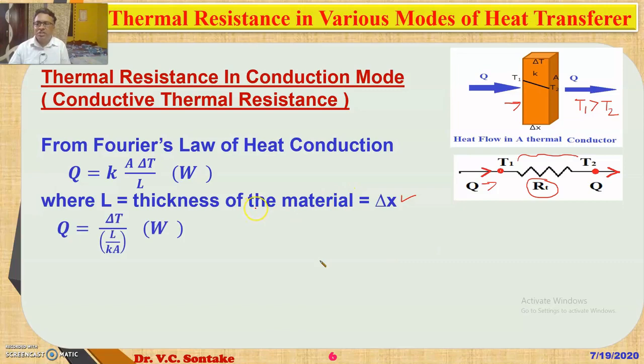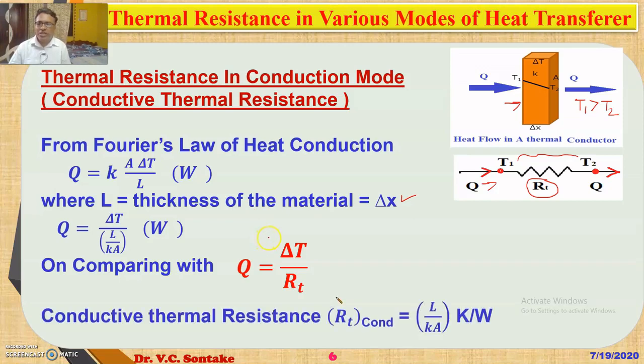If I rearrange this equation, Q is equal to delta T over L upon kA, and compare with the standard form of Q is equal to delta T over RT, this will give me the conductive thermal resistance RT conduction given by L over kA Kelvin per watt.